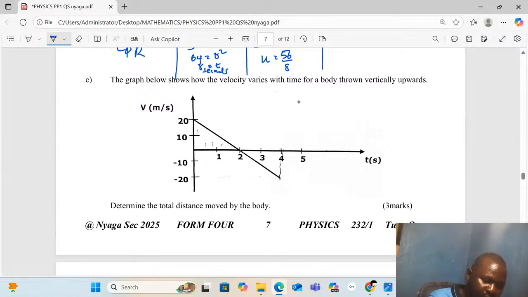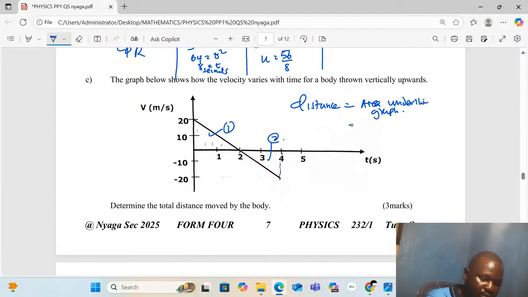So our distance from this graph will be given by the area under the graph. If you look at the graph carefully, we are having triangle 1 and triangle 2. So if you get the area of triangle 1 plus the area of triangle 2, then we shall be able to arrive at the total distance that the body moved.